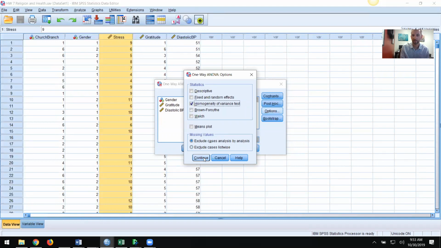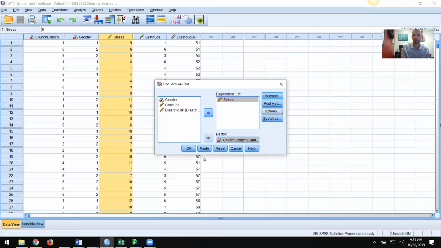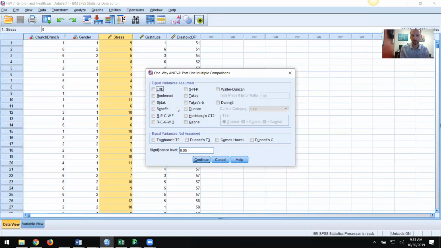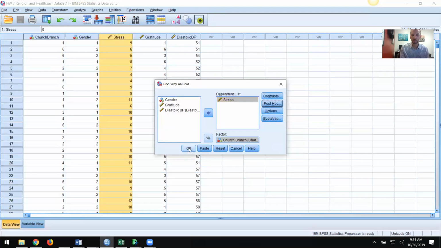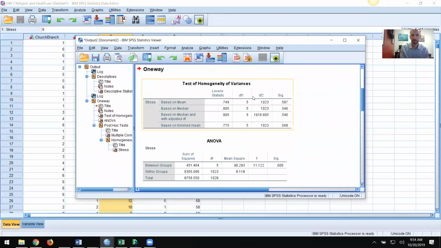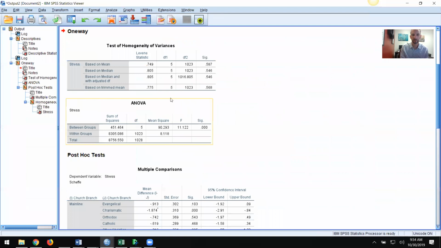Then I will click continue. Because we know we may need it, I'm going to click on the Scheffe post hoc analysis, to do it all in once. Then I'm going to click OK, and that's going to run our analysis.